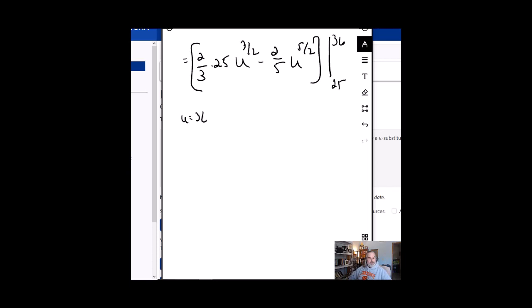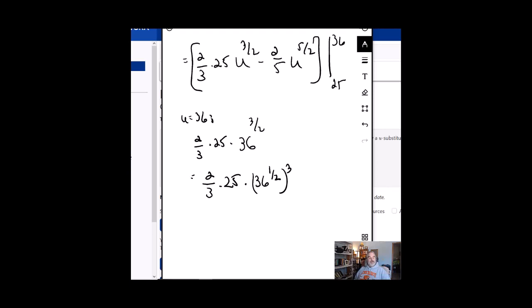When u is 36, the value we're going to get is 2/3 times 25 times 36 to the 3/2, which is the same thing as 2/3 times 25 times 36 to the 1/2 cubed.